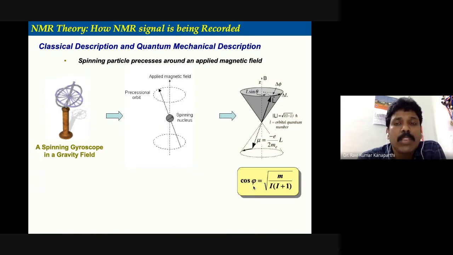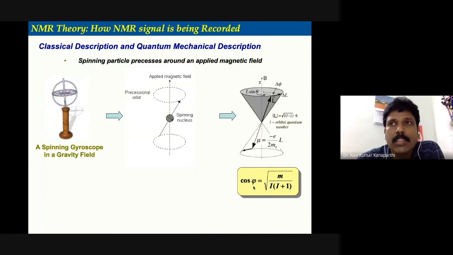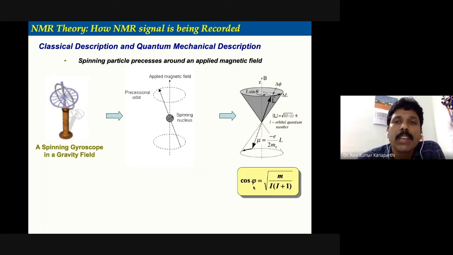So coming to NMR spectroscopy, if you talk about nuclear energy states and the population arrangement between these two states, that particular description is referred to as the quantum mechanical description.